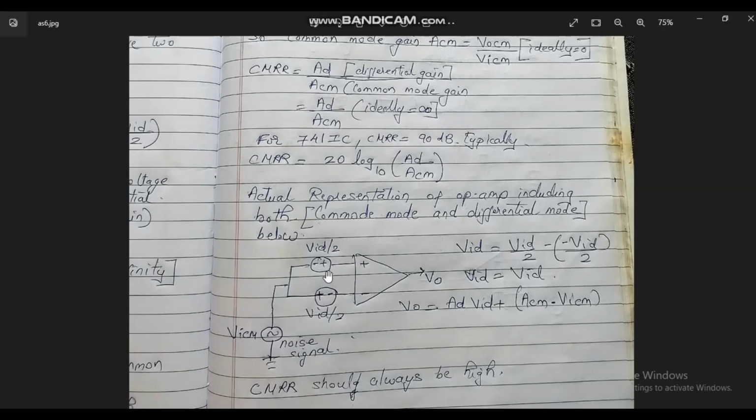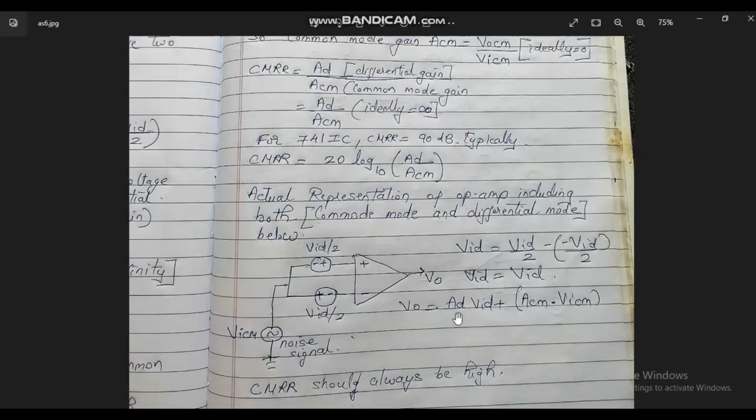These two are the voltages given to the input terminals. The difference of these is VID by 2 minus minus VID by 2, so it becomes VID. So the differential is equal to VID. And this is the common mode noise signal which is given to both the terminals. It comes due to electromagnetic interference, also the 50 Hz signal. So we have to reduce this signal.